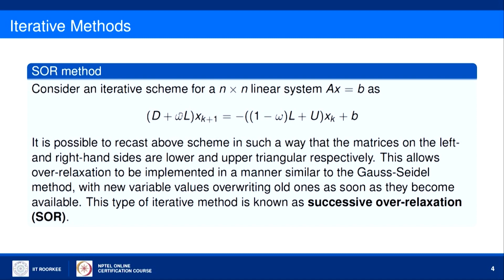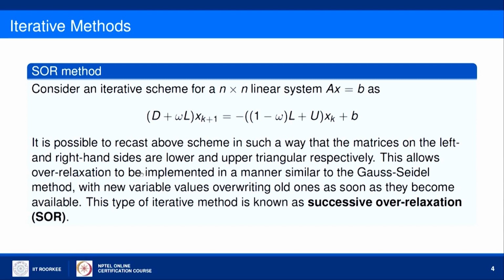This allows us to use the concept of successive displacement, and over relaxation can be implemented in a manner similar to the Gauss-Seidel method, with new variable values overwriting old ones as soon as they become available.